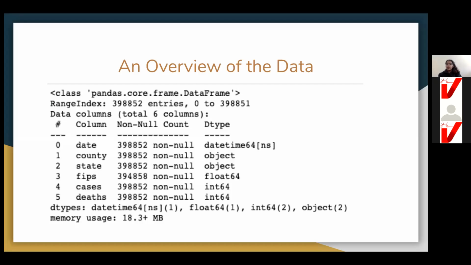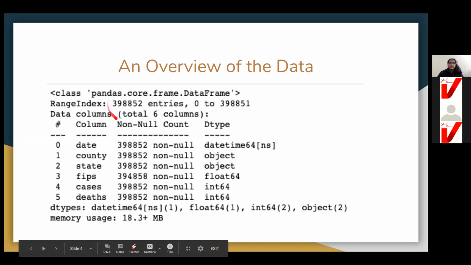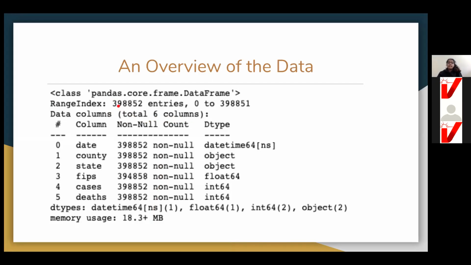So this is the overview of the data that I was working with. Here you can see that there were 6 columns and 398,852 rows.